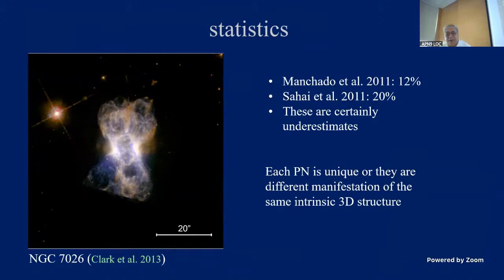So again, another example of a well-known planetary nebula, 7026, also multipolar. So the question is, what is the true fraction of multipolar nebulae? It ranges from Manchado's estimate of 12% to as high as 20%, but these are most likely underestimates.